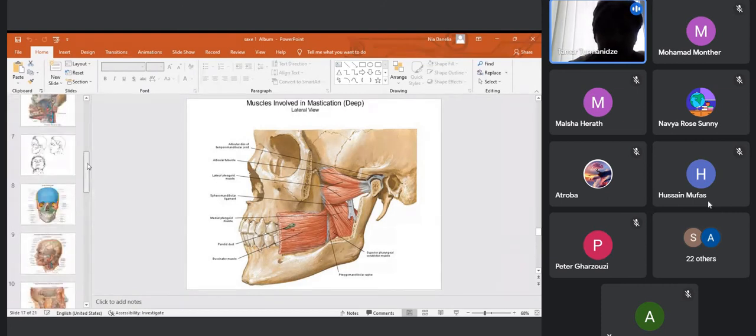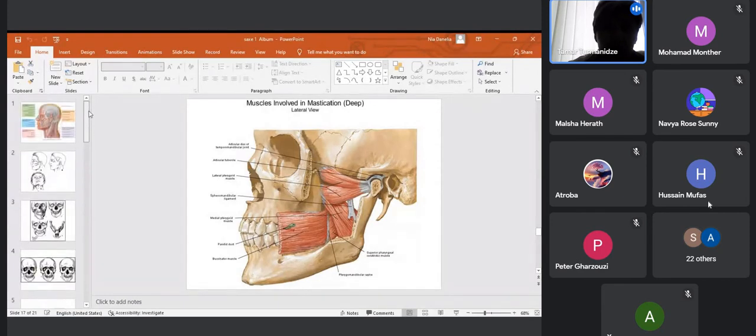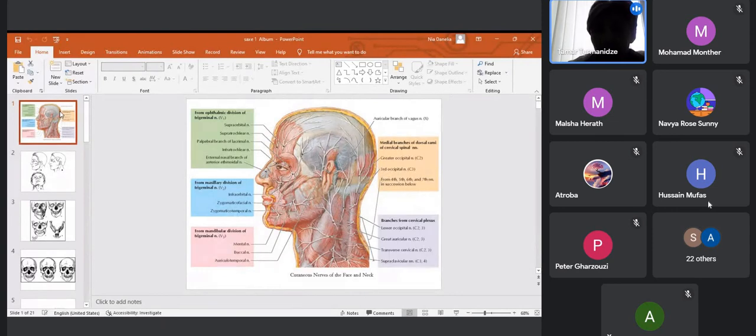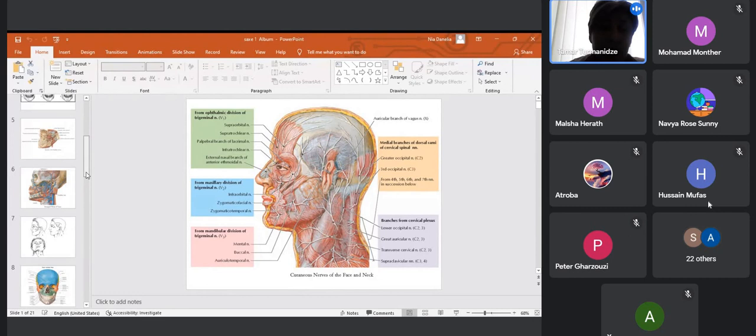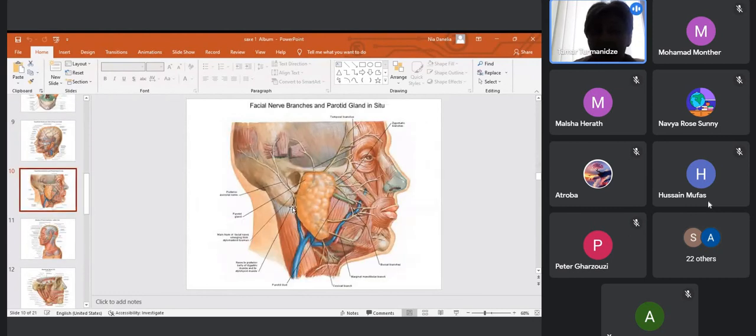The temporalis muscle, we have told, and also the masseter muscle. We have told it originates from what? The inferior temporal line, and is attached to the coronoid process of the mandible on both sides. And among the muscles of mastication, we have also the masseter muscle.